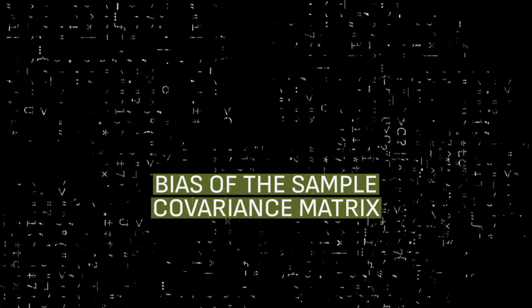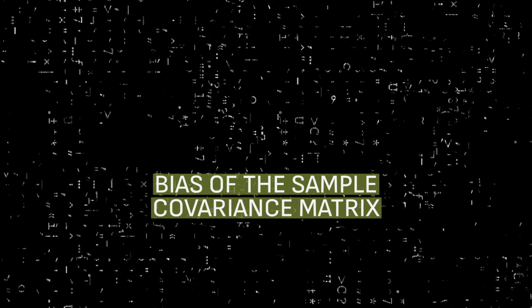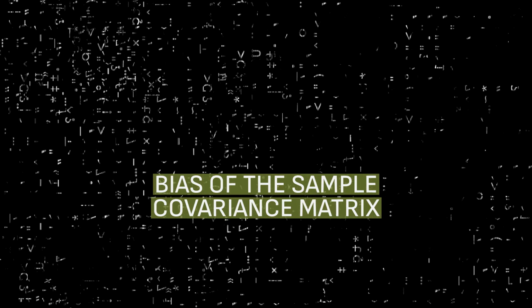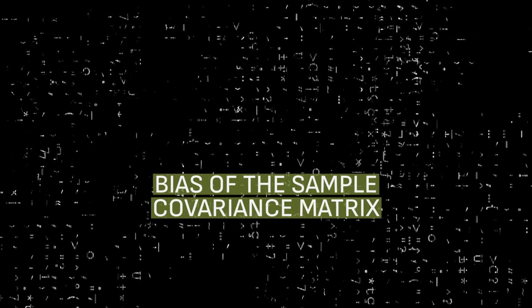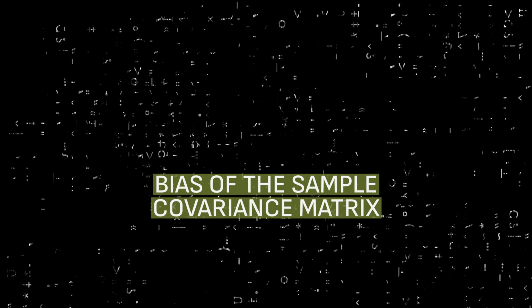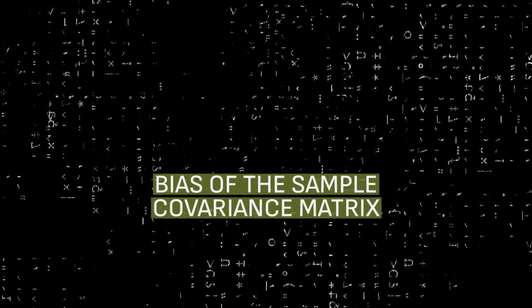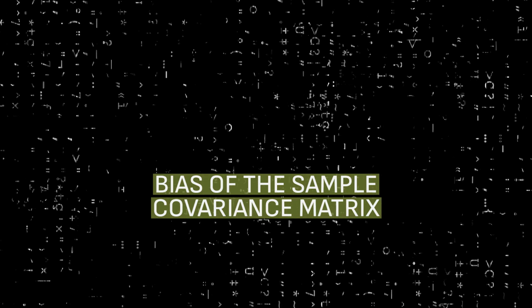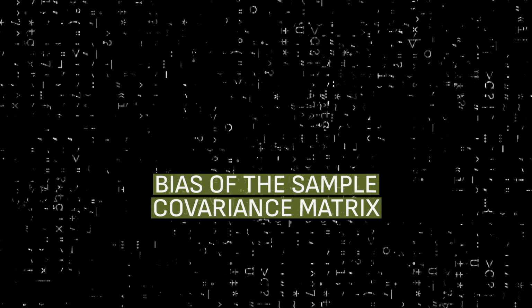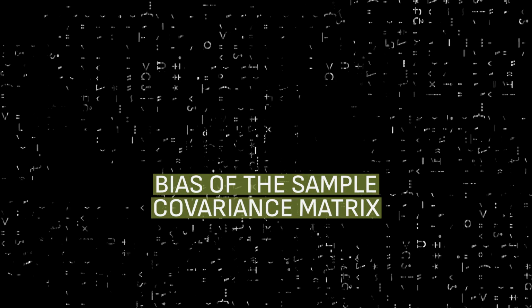As we progress through this video, let's shift our attention towards the bias of the sample covariance matrix and uncover its hidden depths. The intrinsic bias vector field of the SCM estimator is defined as follows. The intrinsic estimator bias is then given by the norm of this field.